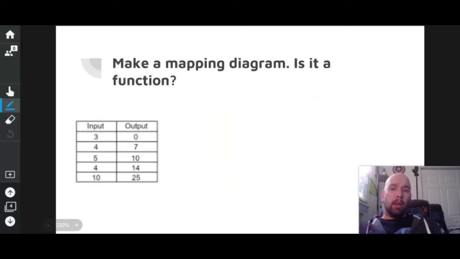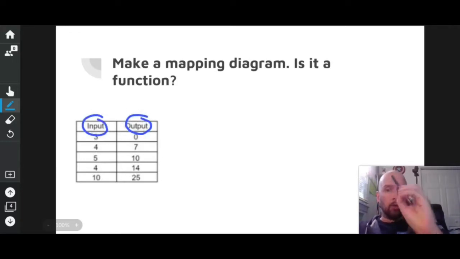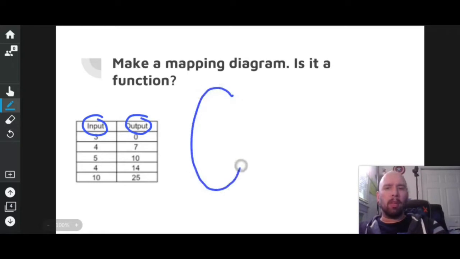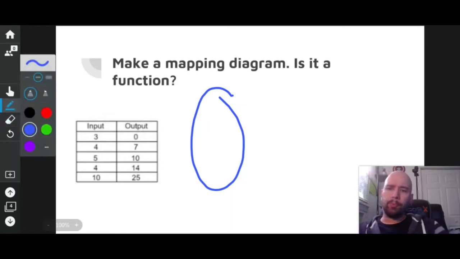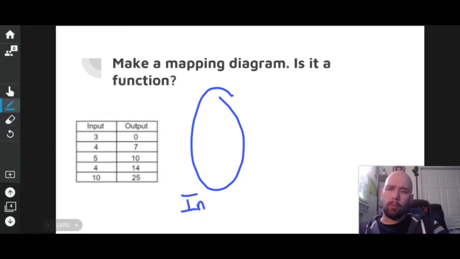Make a mapping diagram and find out if it's a function. The way you make a mapping diagram, and the words they use here, are input and output instead of domain and range. So I'm going to do the same thing. I'm going to do my input in blue, and you have to make sure your numbers are in order. So I have 3, 4, 5, 4, 10.